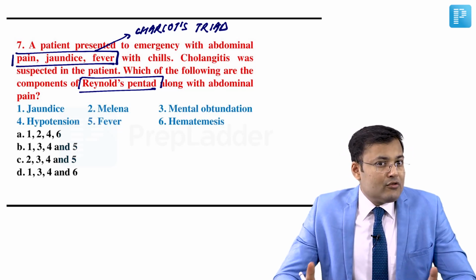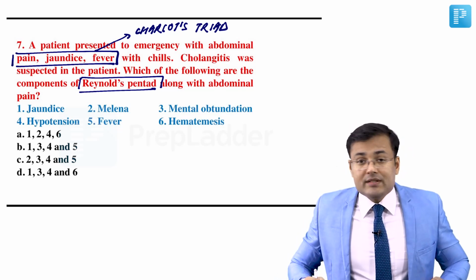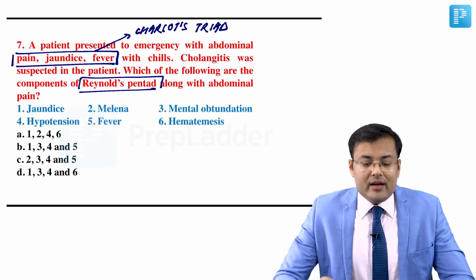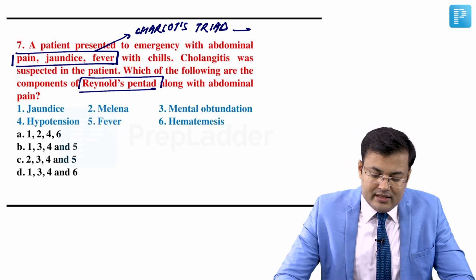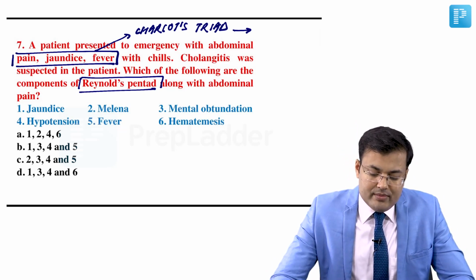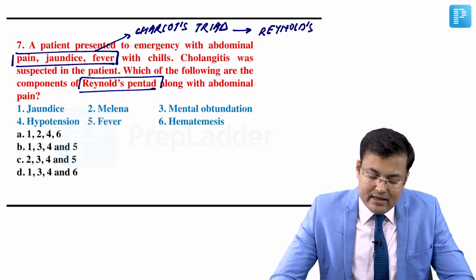So patient of cholangitis are having pain, jaundice, fever. This is the classical triad known as Charcot's triad. In such patients, if there is delay in treatment or if there is inadequate treatment, it can progress to what? Reynolds Pentad. So here you can see.